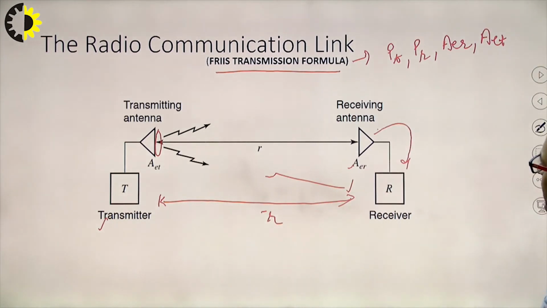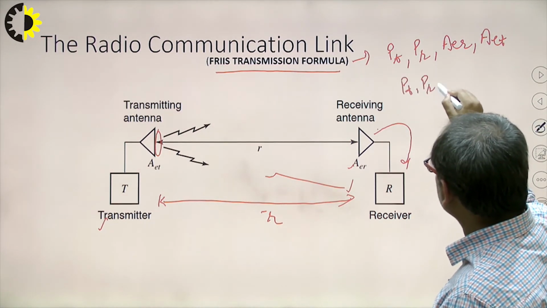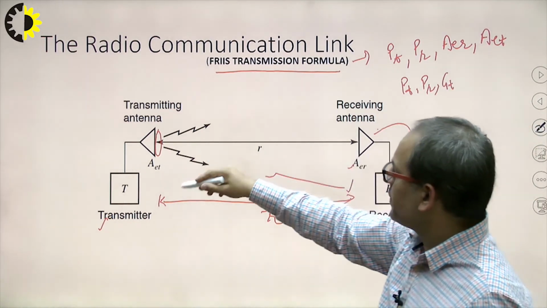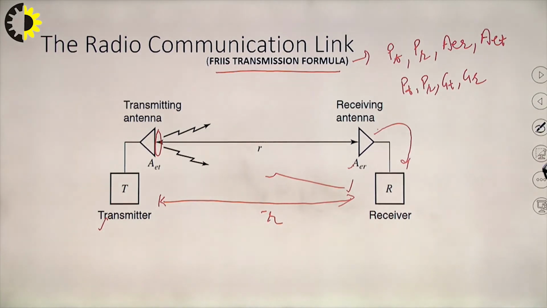Or it also defines the relationship between the power transmitted, power received, and the gain of the transmitting antenna multiplied by the gain of the receiving antenna. Clear?